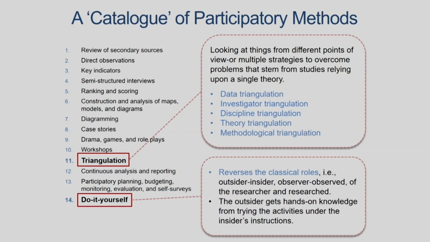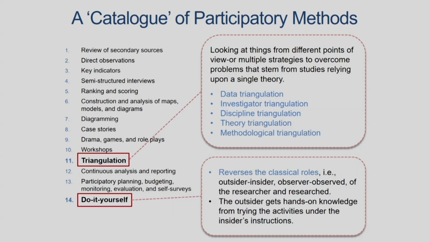Time triangulation is where the influence of time is considered in study design, for example using a longitudinal research design. Space triangulation is a typical form of comparative study, and person triangulation, for example, is comparison of reactions at 3 levels of analysis: 1 at the individual level, 2 at the interactive level among groups and 3 at the collective level.